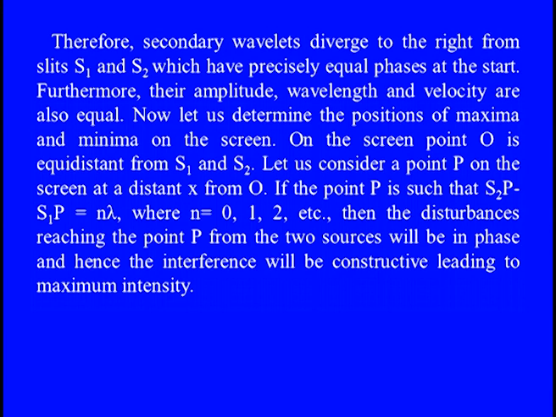On the screen, point O is equidistant from S1 and S2. Let us consider a point P on the screen at a distance x from O. If the point P is such that S2P minus S1P is equal to n lambda, where n is equal to 0, 1, 2, 3, etc., then the disturbances reaching the point P from the two sources will be in phase, and hence the interference will be constructive, leading to maximum intensity.